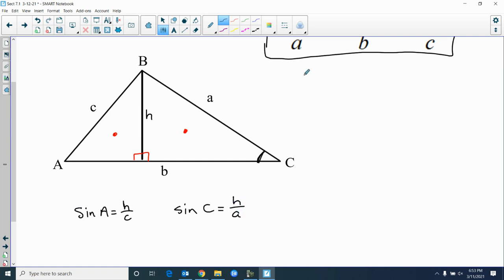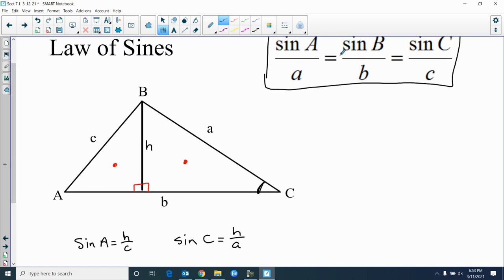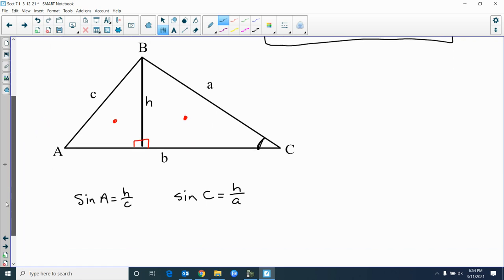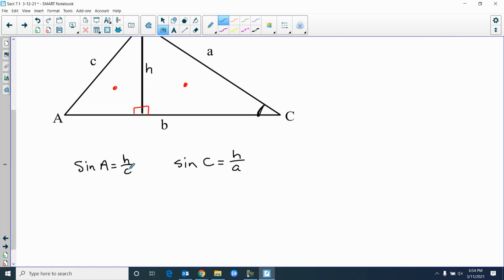I'm going to use these two facts to develop two of these and set them equal to each other. These two do not have the letter H, so go ahead and get H by itself in both of them.